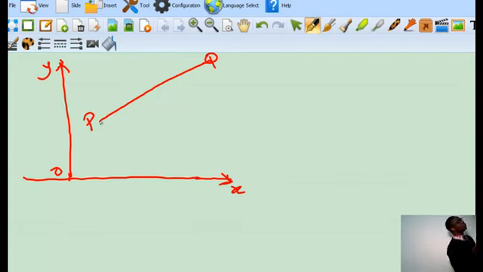Now, the first thing we have to do is bring this down and try to know these coordinates, then bring this down too and try to know the coordinate.